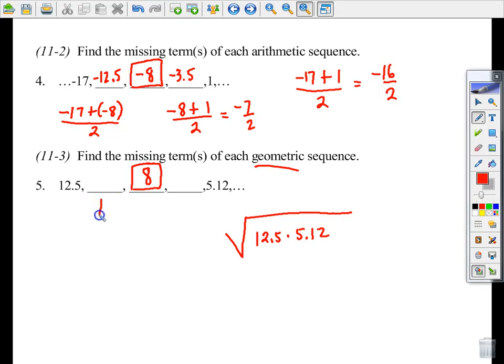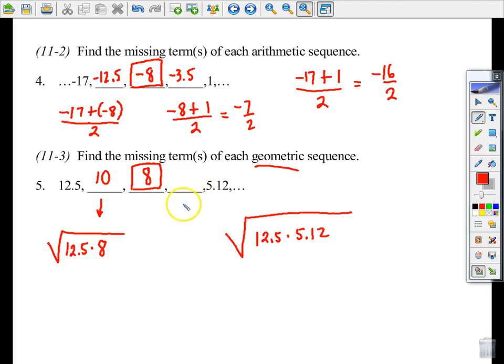So now I'm going to do geometric mean to find this first blank, and once again it's going to be the square root of 12.5, and this time it will be times 8. All right, so calculator, square root 12.5 times 8, close your parentheses, and that's 10.